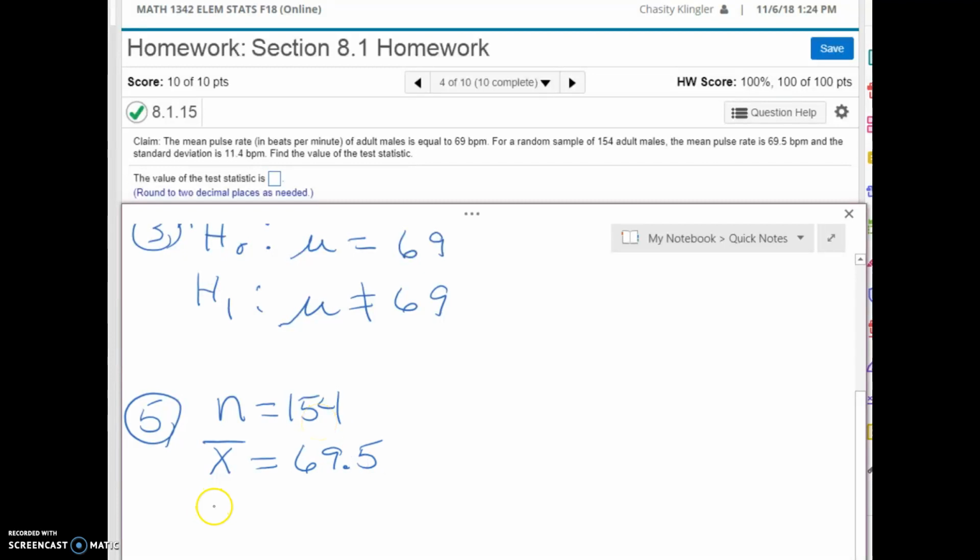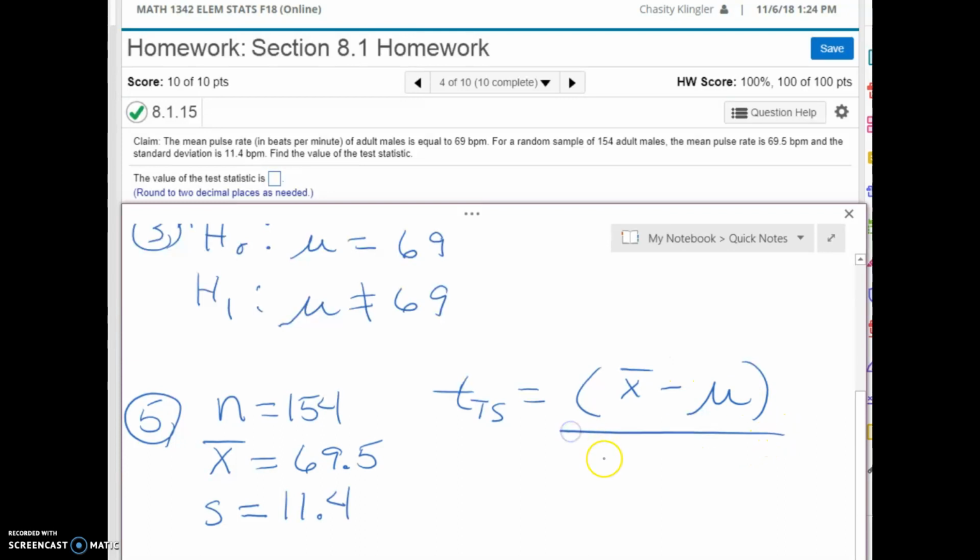And the standard deviation of my sample is 11.4. So the formula I need to find my T test statistic is going to be X bar minus mu, so that it's my sample mean minus my population mean divided by the sample standard deviation divided by the square root of n.